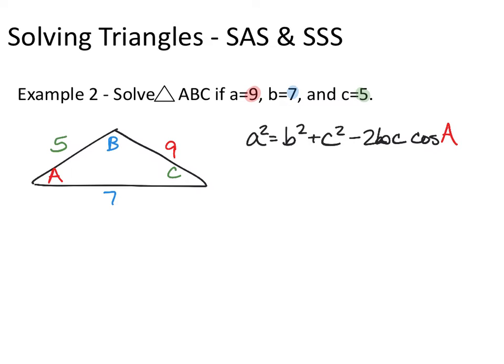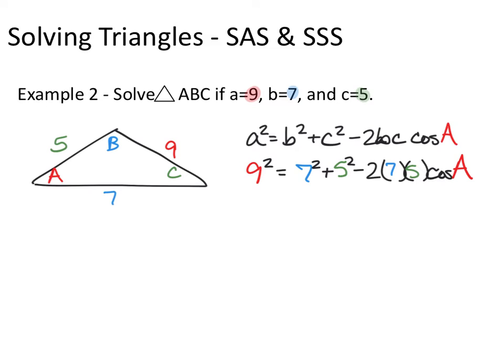So this is going to be 9 squared equal to 7 squared plus 5 squared minus 2 times 7 times 5 times the cosine of A, which I don't know yet, and that's what I'm trying to find.